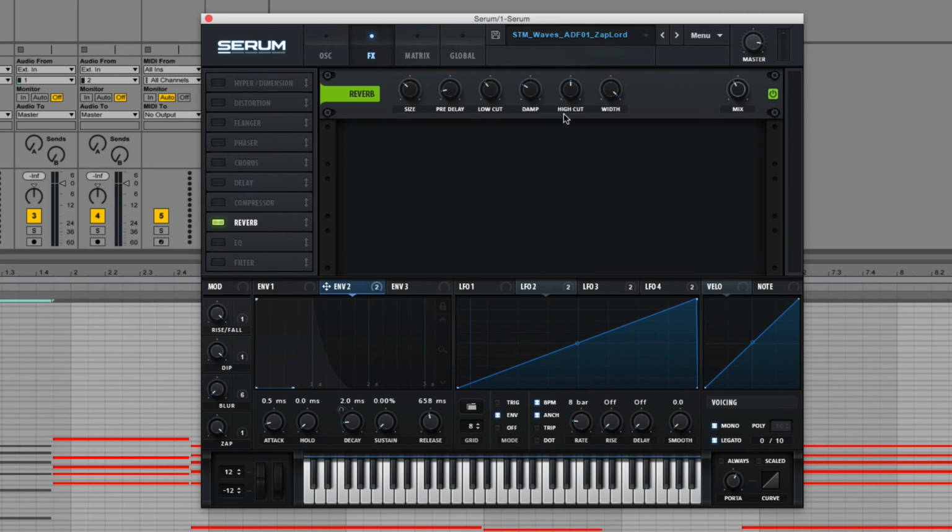Probably too much reverb. And you can blur it. So that's like somewhere in between a festival lead and a zap.